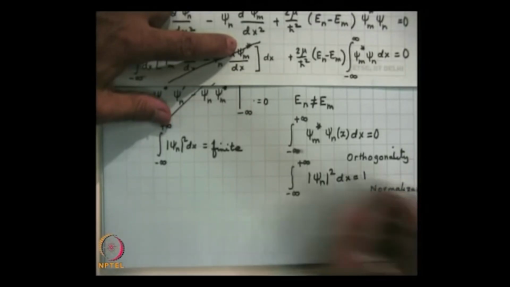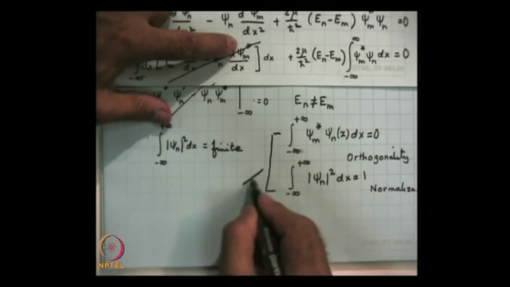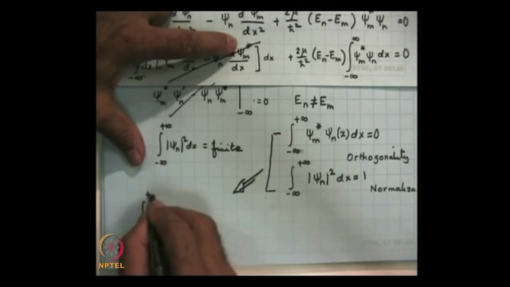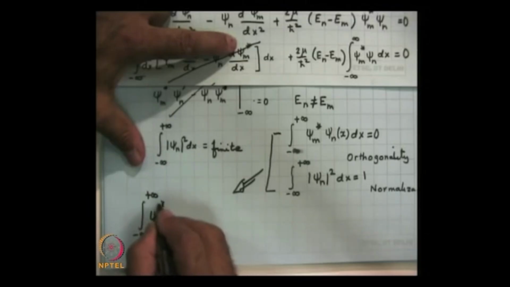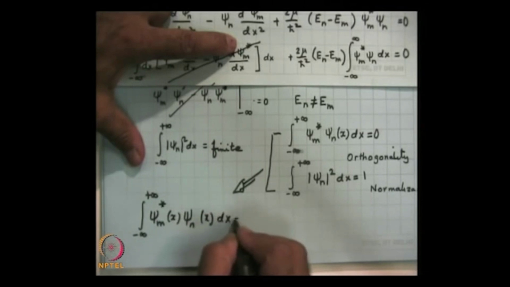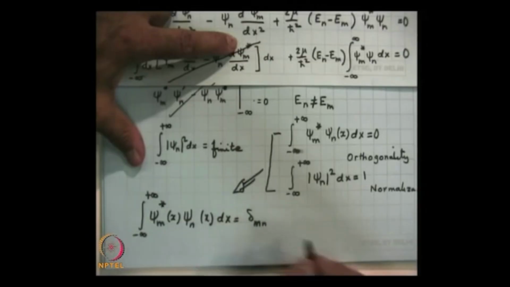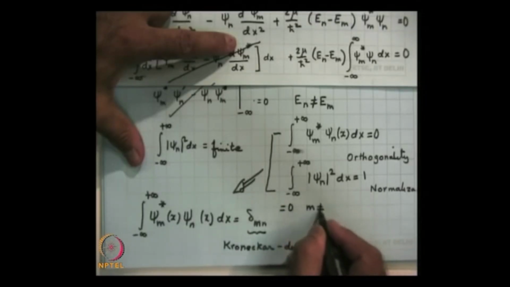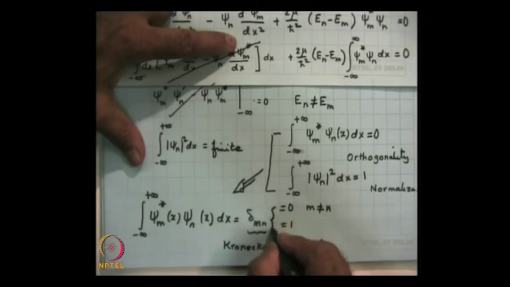I can combine both of them to write down this equation: integral from minus infinity to plus infinity psi m star of x psi n of x dx is equal to delta m n, where this term delta m n is known as the Kronecker delta function, and this is equal to 0 if m is not equal to n and is equal to 1 if m is equal to n.